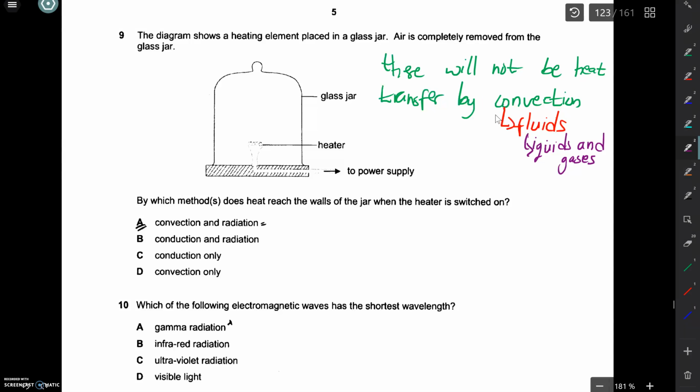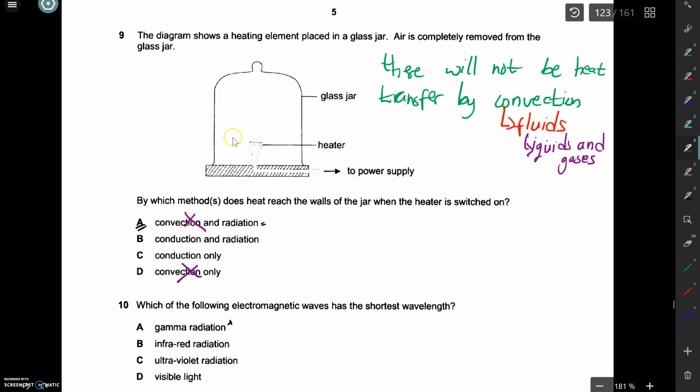Fluids are liquids and gases. So because there's absolutely no air in here, then we cannot have convection. So all the answers that have convection in them, this one and this one, we can cancel them out. So then we are only left with B and C.